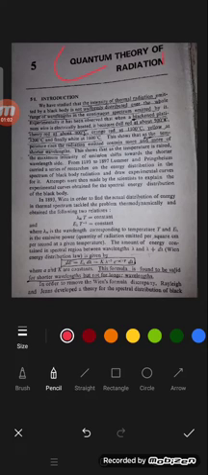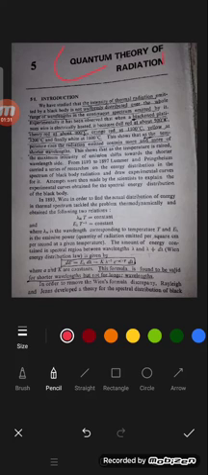First of all, quanta is nothing but a packet of energy. The quantum theory of radiation was given full-fledged by the famous scientist Max Planck. Max Planck gave the full-fledged formula for the quantum theory of radiation.